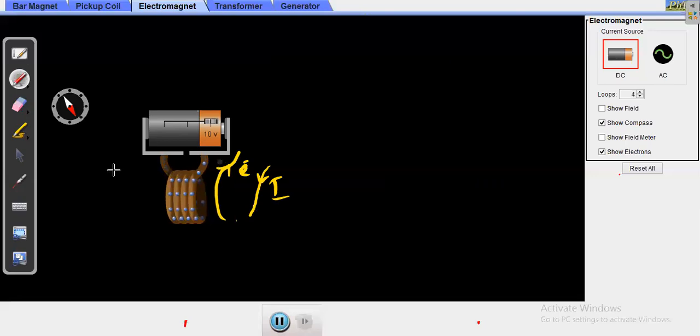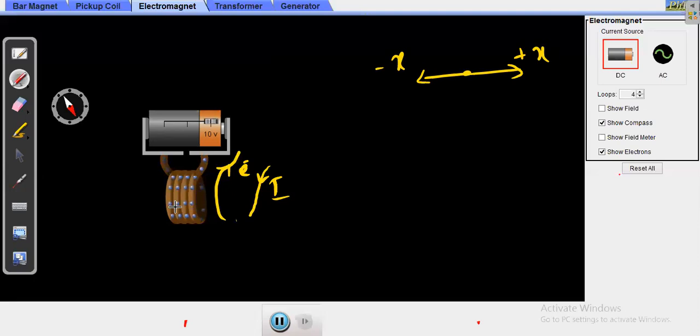Now, somebody tell me, it will definitely create a magnetic field whenever current is flowing in the conductor. In which direction will the magnetic field be, either in the negative x direction or the positive x direction? I have given you the clue. Electron is flowing in this direction, which means current is flowing in the opposite direction.